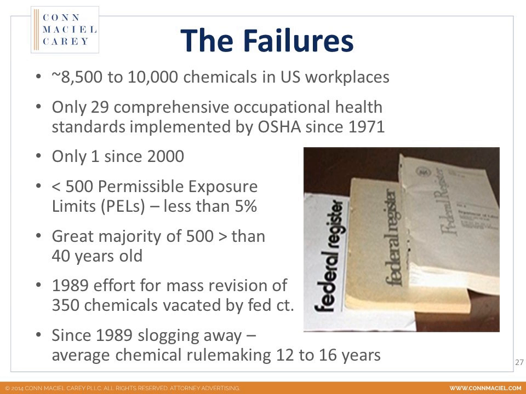OSHA has set 29 comprehensive occupational health standards since the agency was formed in 1971. They have set only one comprehensive standard since 2000, and that was for hexavalent chromium.